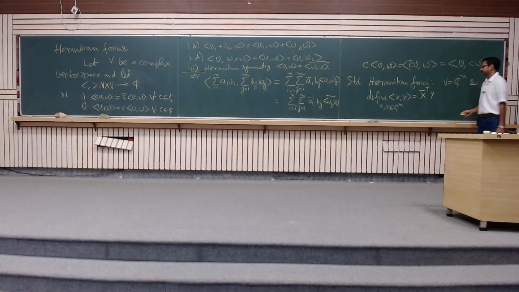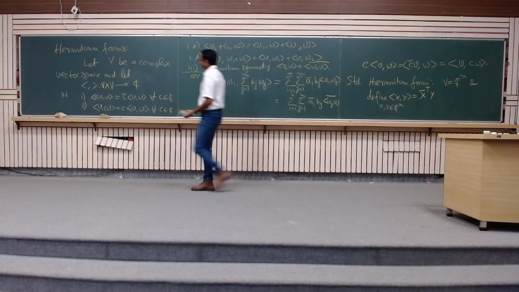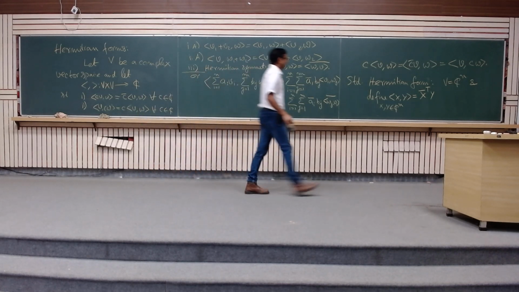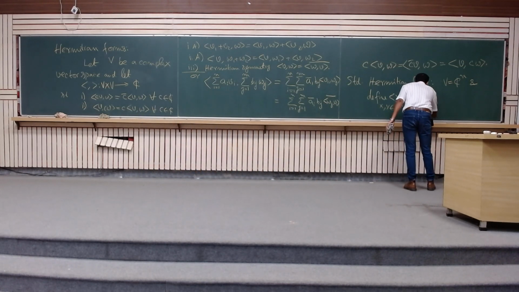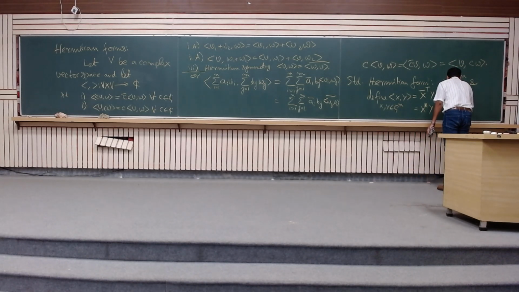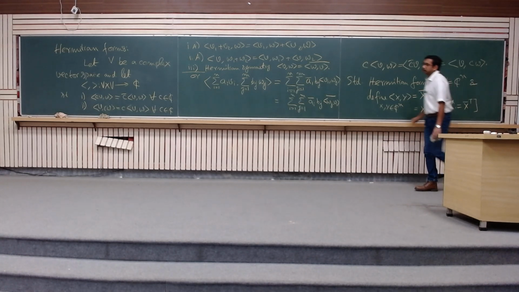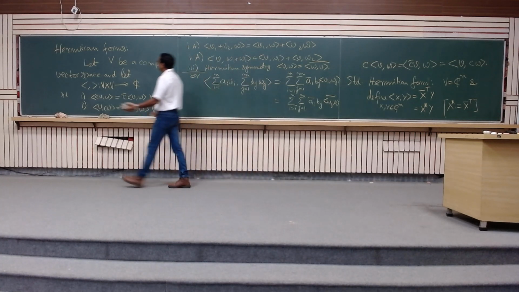Now for this bar transpose, we will introduce a shorthand notation, that is star. So here x star we are defining as x bar transpose. This one would be called adjoint.